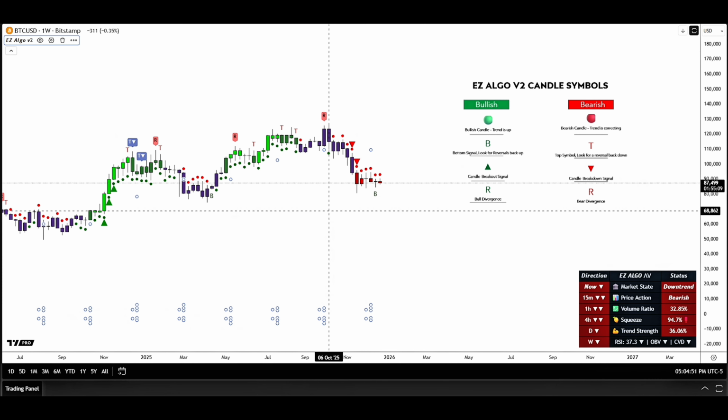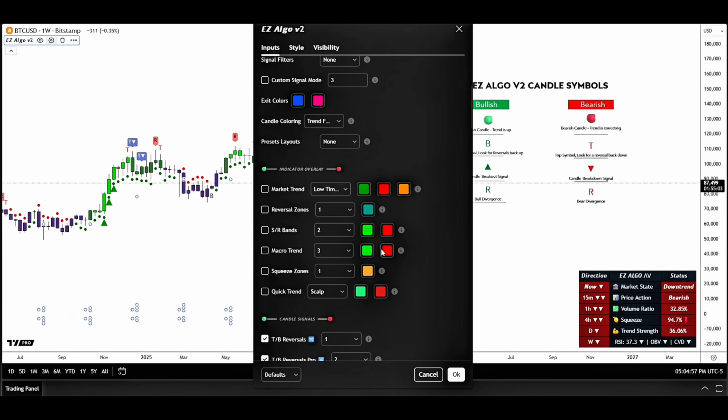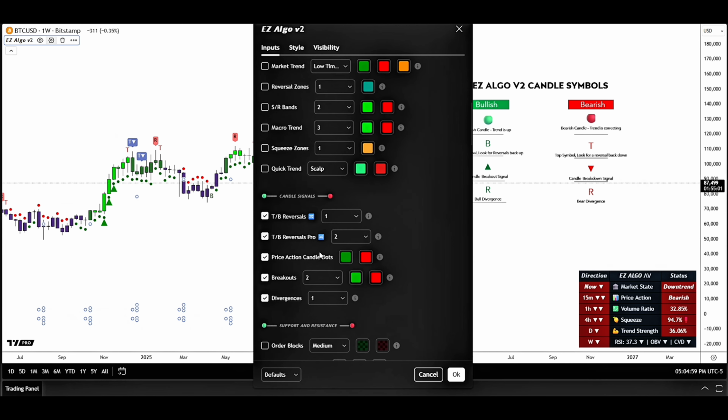All right, next let's cover the candle signal markers in EZ Algo V2. So in settings, we have a whole section for candle signals, and these are just going to be different indicator plots that pop up on the candles. So we have our TB reversals, that's our top and bottom reversals.